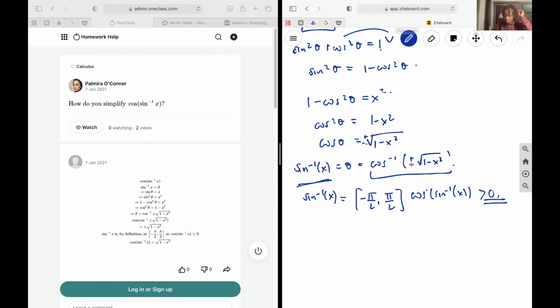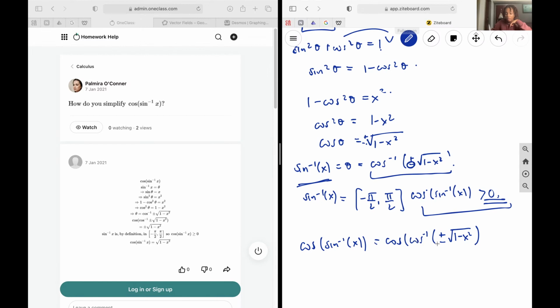And so I'm not going to be able to put in this negative; I'll put in only the positive one. You'll see why at the end, and it'll relate back to this point. So my cos inverse sine of x will become cos inverse cos of positive or negative root 1 minus x squared.